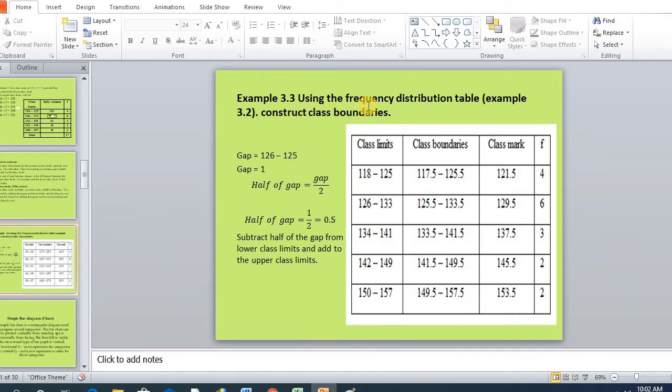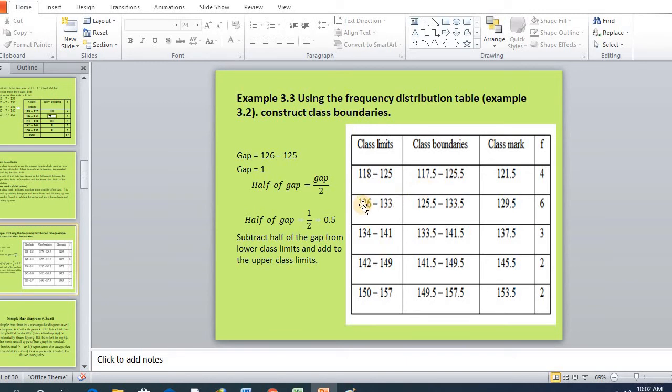So using the constructed frequency distribution of the previous example 3.2, construct the class boundaries and class marks. Look at 118, 125. Already we constructed this frequency distribution. Now we obtain class boundary. Subtract 0.5 from this quantity and add 0.5 to this quantity.